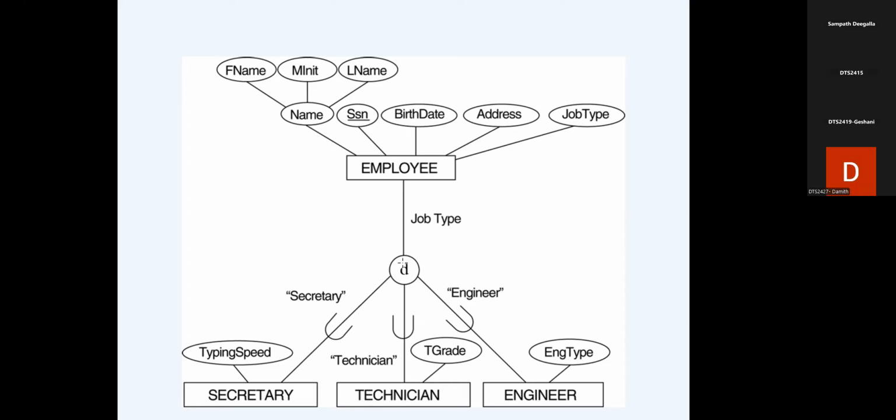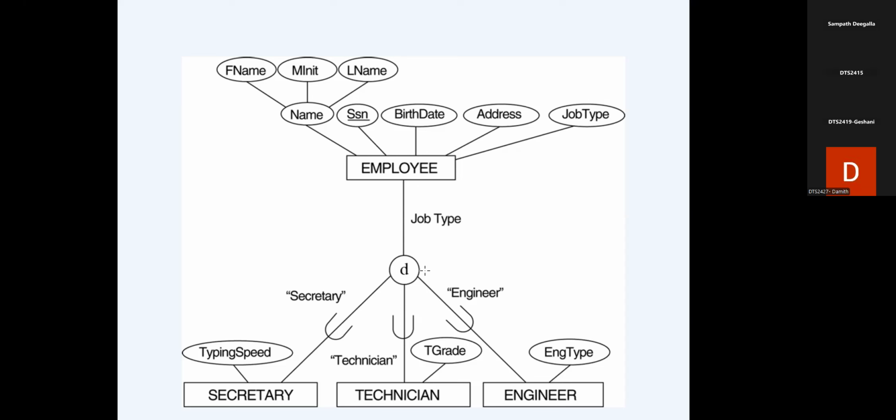Distinct means that a particular employee may belong only to one of these. So if you take a particular instance, it might belong to secretary, technician, or engineer. There are no overlapping ones, right? It's called distinct. That's why you have a D here.